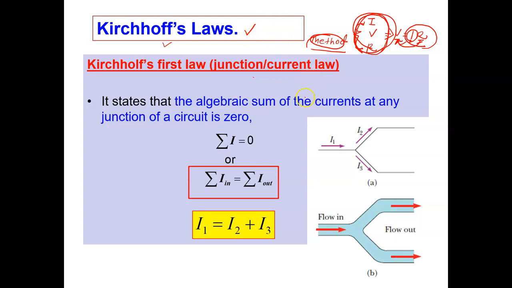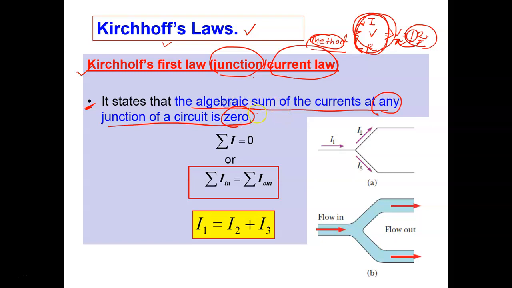So there are two facts that you should know about Kirchhoff's law. First, Kirchhoff's law is divided into two laws. One we call the Kirchhoff first law, also known as the junction law, or the current law. Now, what does this law say? It states that the algebraic sum of the current at any junction of a circuit is equal to 0.